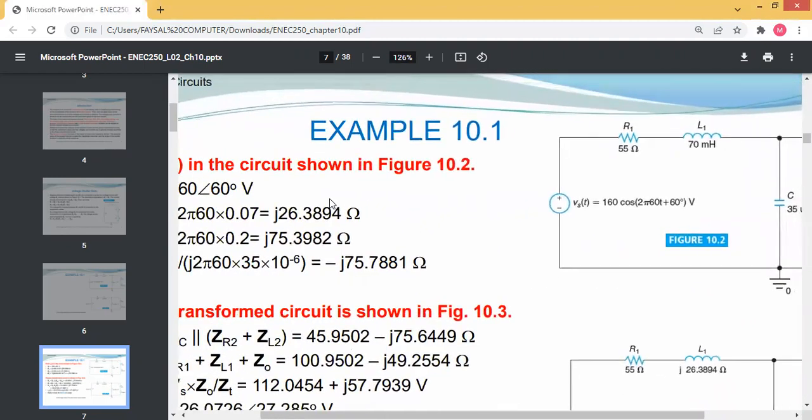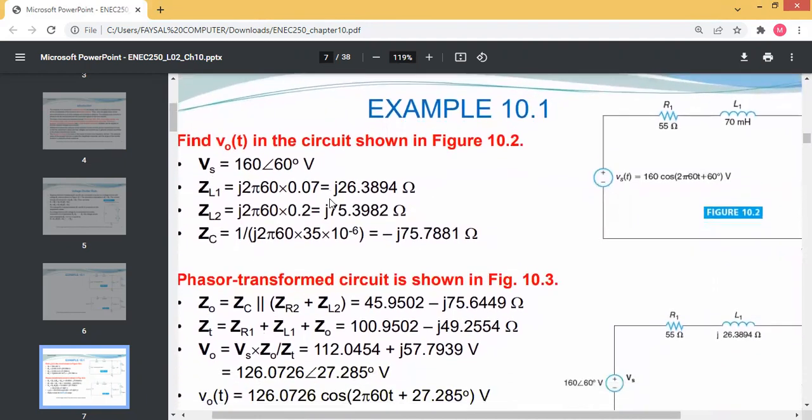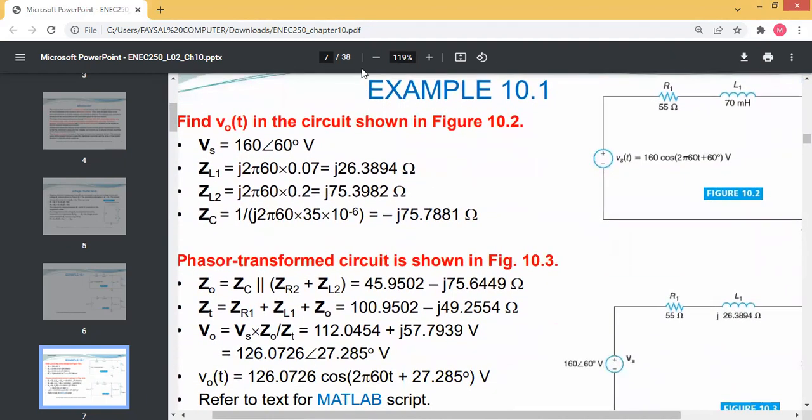As we know that the value of Vs given to us is 160 degree. This is from this circuit 10.2. As I described in the previous lecture, the first value is known as my amplitude, and the second is my phase.